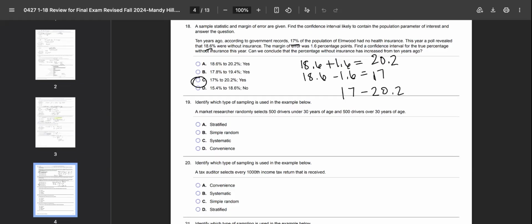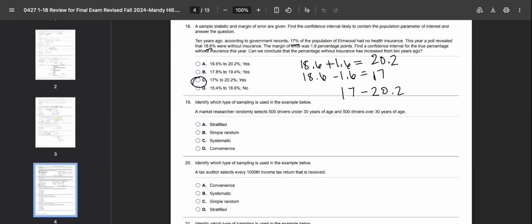I might go through each one of these just to kind of talk about them real quick in a minute. Under 30 years of age and 500 drivers over 30 years of age. So somehow they're able to randomly select these. Now, it looks to me like they're trying to get a group of drivers that are under 30 and a group of drivers that are over 30.